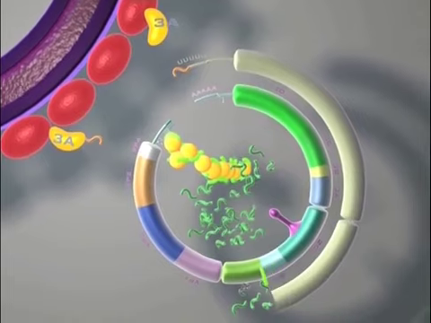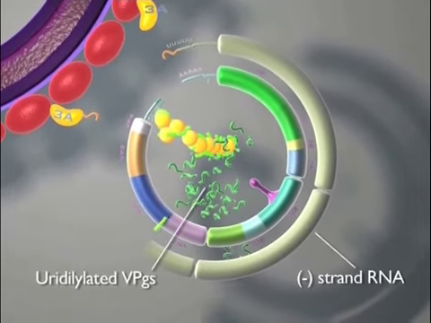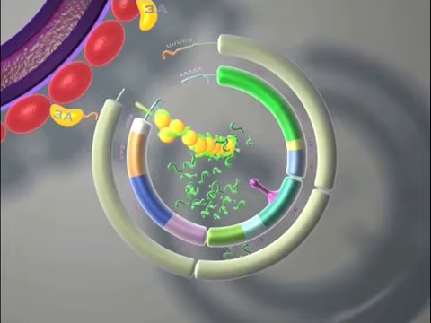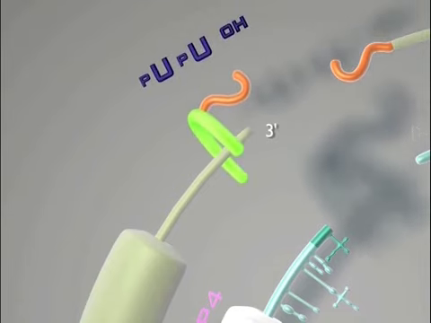When the polymerase completes the minus strand and there is a big enough reservoir of uridylylated VPgs, positive strand RNA synthesis can begin. Each complex of uridylylated VPg and 3D pol is translocated to the 3' end of the minus genome. There, the U residues of the uridylylated VPg hybridize with the 3' terminal adenosine residues of the negative RNA template.